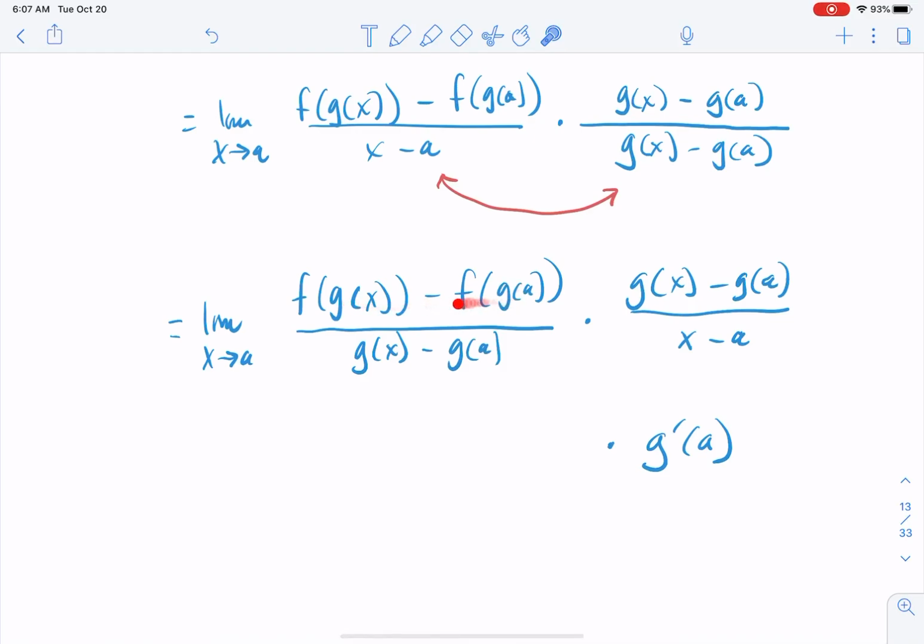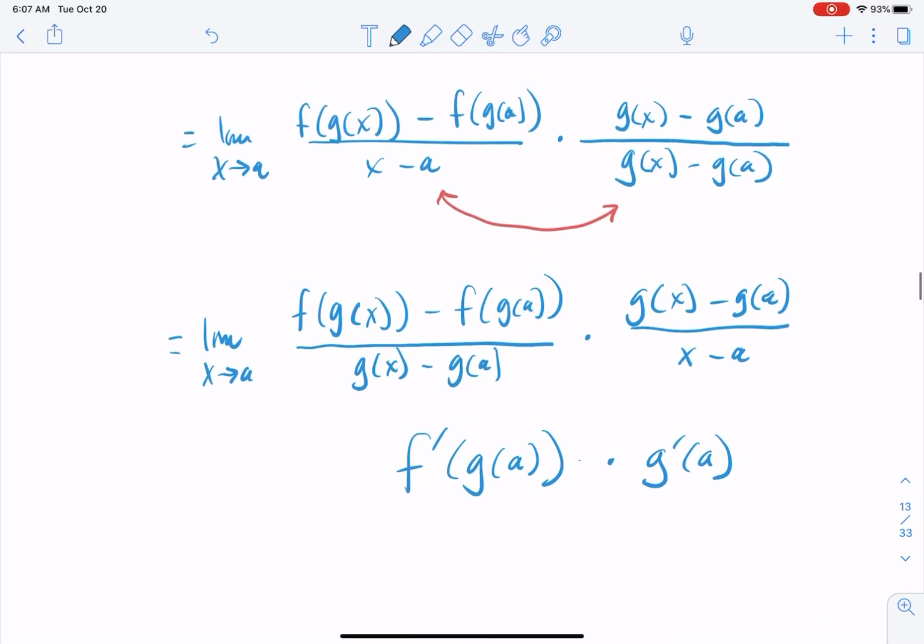This is the derivative of f with respect to specifically this g of a that's right in here. So this is f prime composed with g of a. And there you have it. We have proven the chain rule using the alternate form of the limit definition.